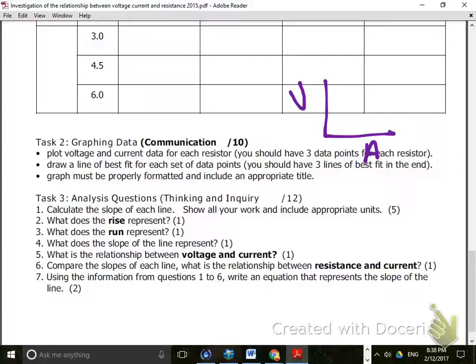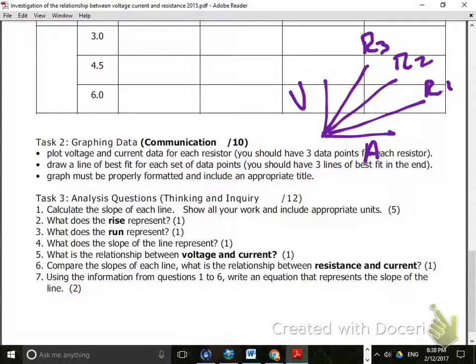And you're going to plot your information, and I want you to plot it so you will have really 3 different lines, and each line is going to represent the resistor you used. So this might be resistor 1, and this might be resistor 2, and this is resistor 3.